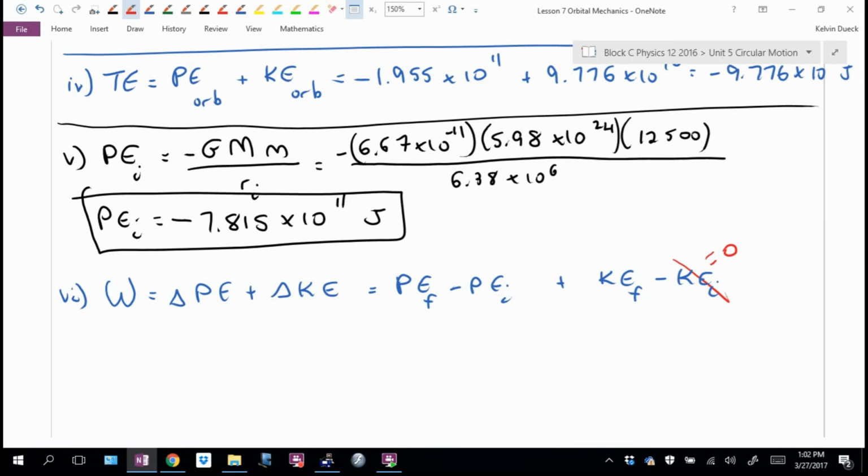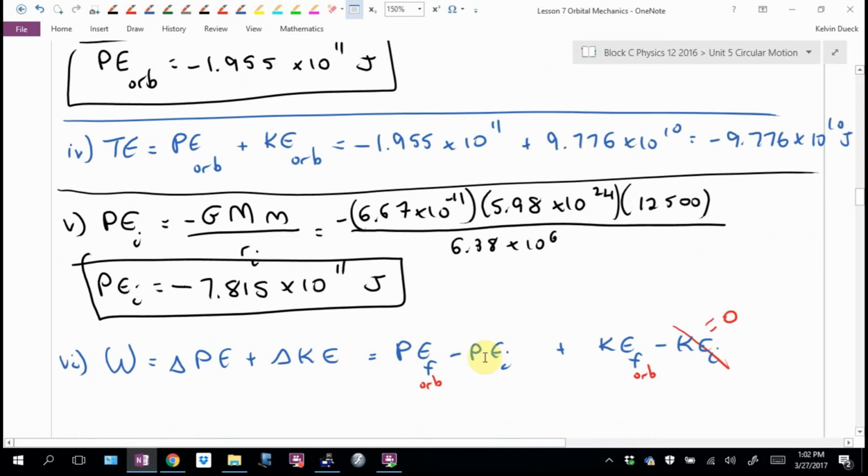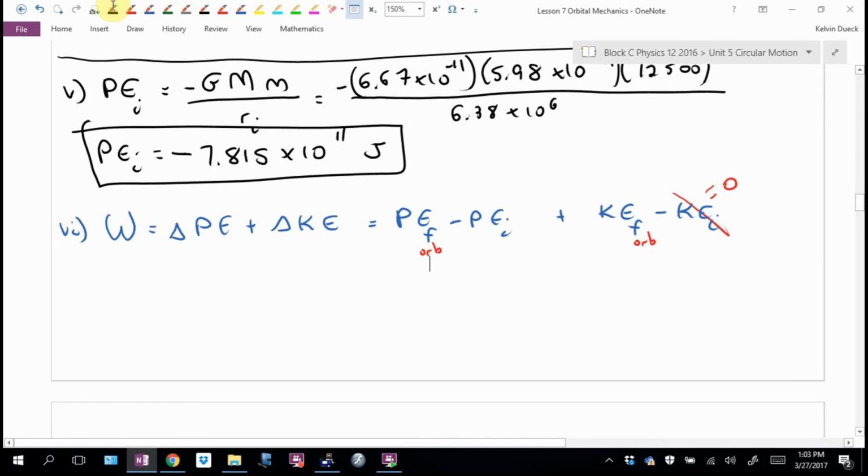What's your final kinetic? Well, isn't that really the kinetic energy in orbit, the 9.776 times 10 to the 10th? What's your final potential? Isn't that potential energy in orbit, the negative 1.955 times 10 to the 11th? What's your initial? Isn't that my answer from part 5? Okay. So, here we go.